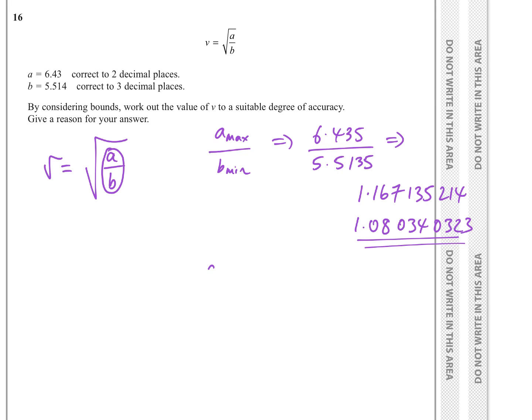Now I'm going to do a min and a max, or lower bound, upper bound. This is b rather. So let's just get that right.